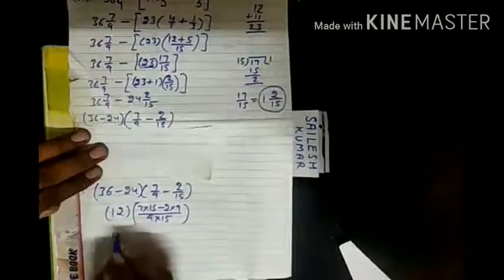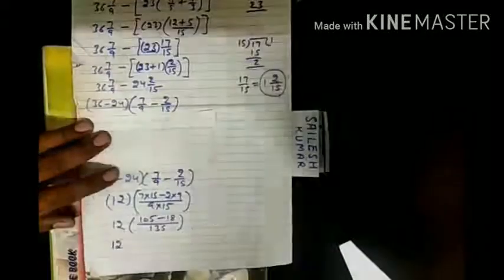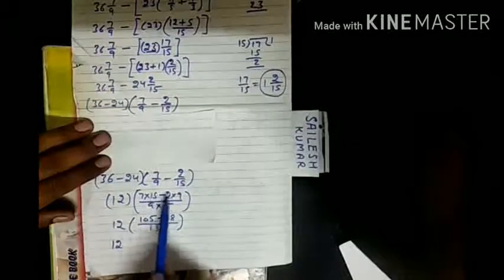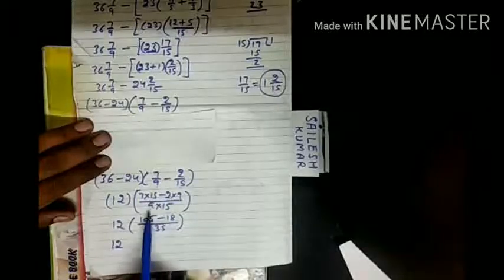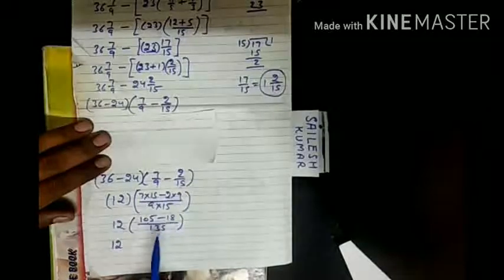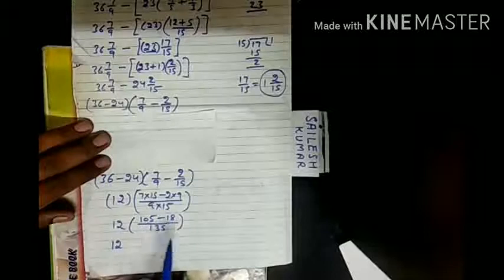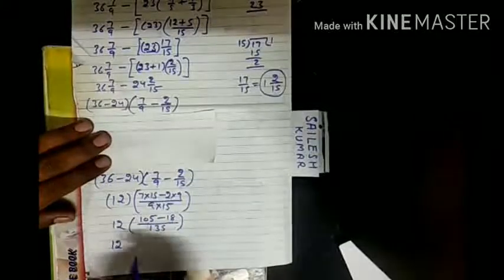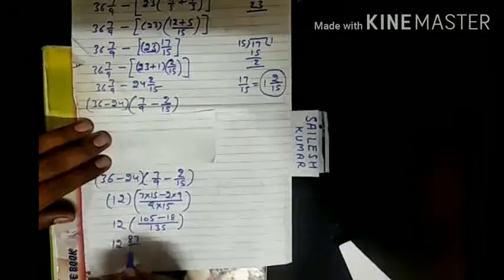Now 15 multiply 7 and 9 multiply 2, we get 105 and 18, and 9 multiply 15 is 135. 105 minus 18, so that is 87. 87 and 135.